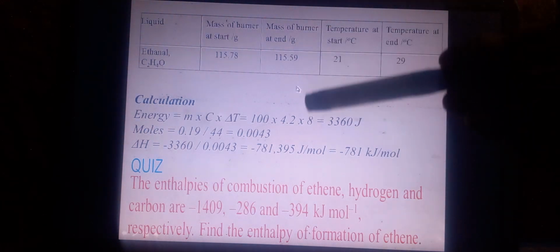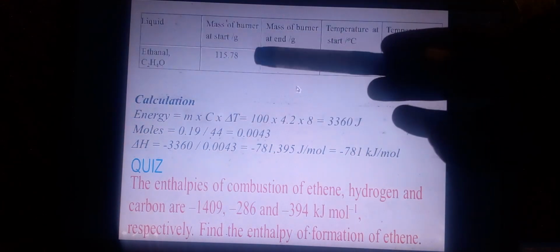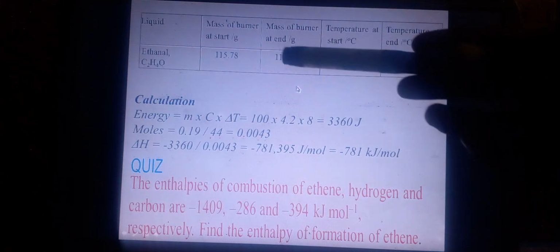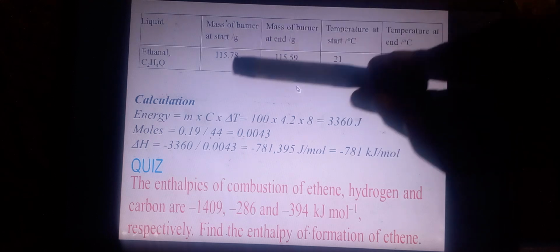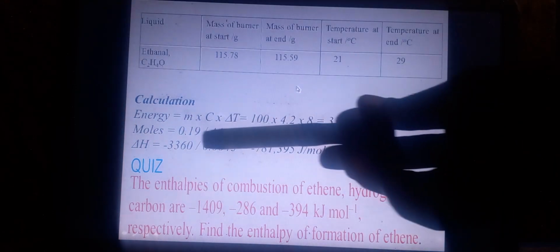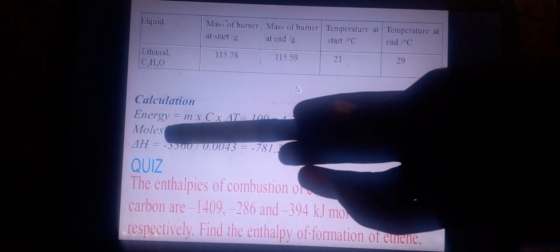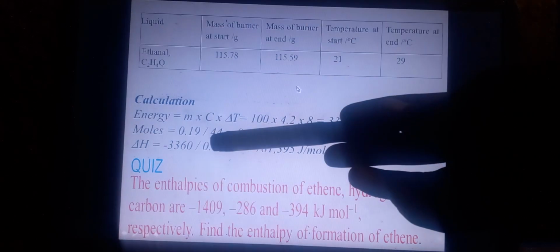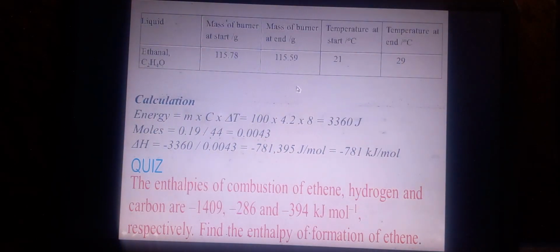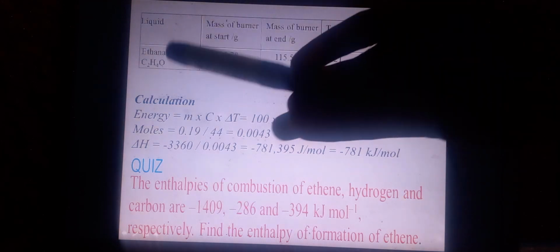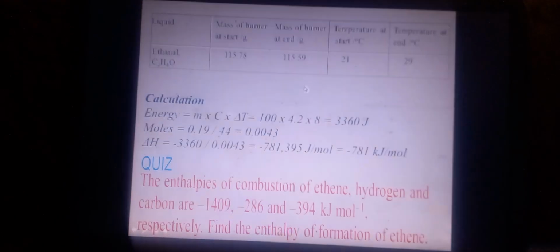Then the mass of ethanol burnt, when you get the difference, is 0.19 grams. You convert that mass into moles. To get moles, we normally take mass over molar mass. The molar mass of ethanol is 44 grams. Remember, one atom of carbon has a mass of 12.